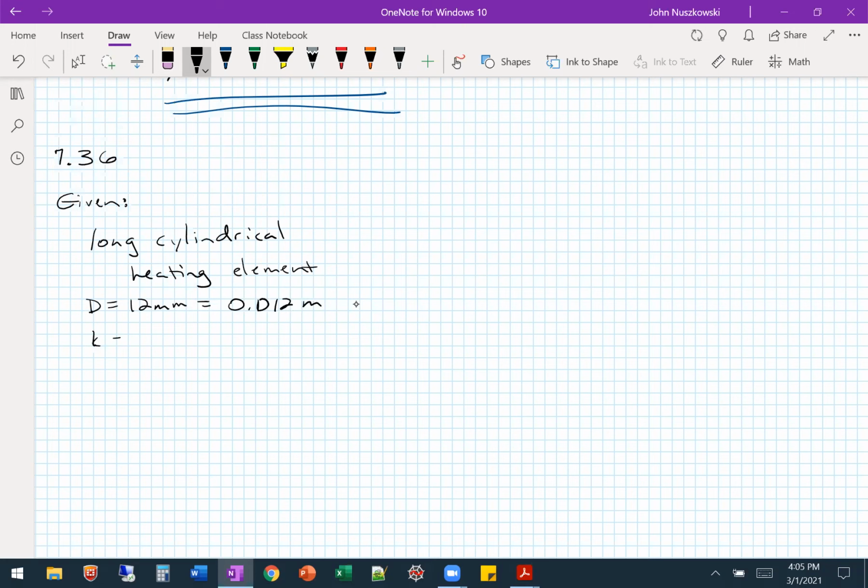We have thermal conductivity of 240 watts per meter Kelvin. We have a density of 2,700 kilograms per meter cubed. We have a c_p of 900 joules per kilogram Kelvin.